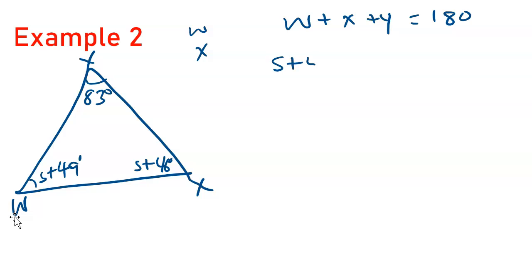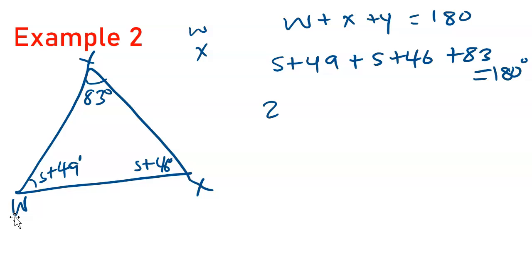So let's write it down. S plus 49 plus S plus 46 plus 83 all must add up to 180 degrees. This is just collecting the like terms.